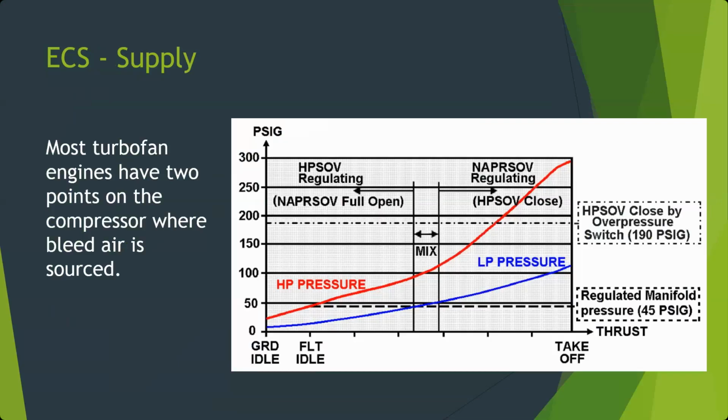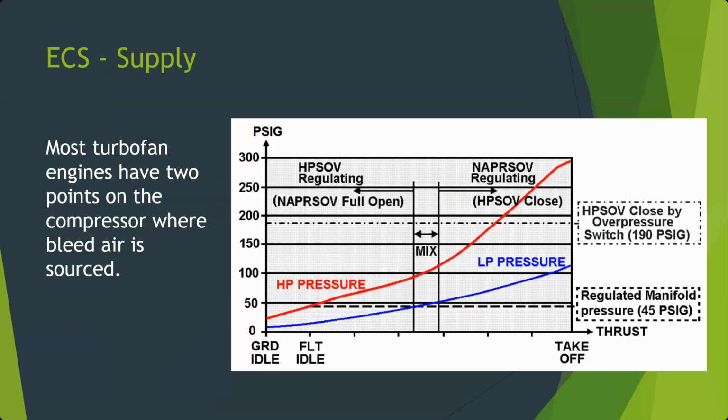Okay. And so what's going to happen is when we're at low RPMs, we're going to pull air off that high pressure port, right? And here we're going to get the full pressure. So at ground idle, has anyone ever noticed when you're on a plane, you really don't get a lot of air out of the vents when you're sitting at the gate or when they first start up, right?